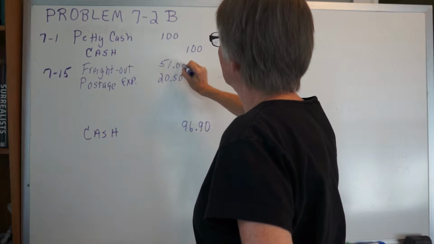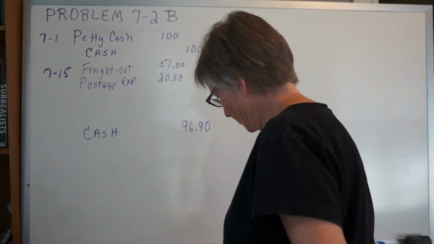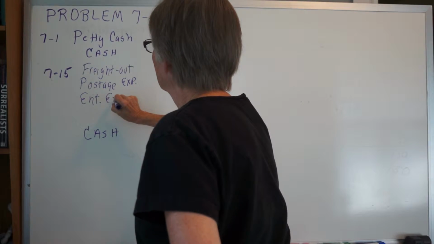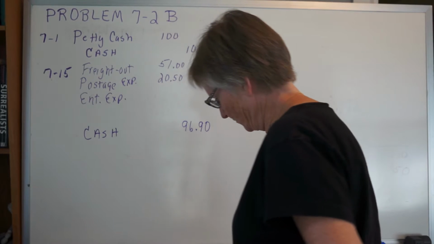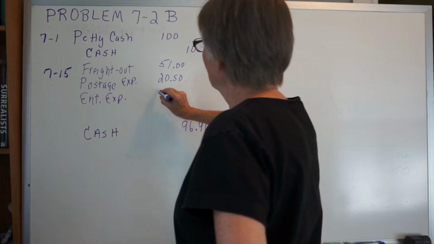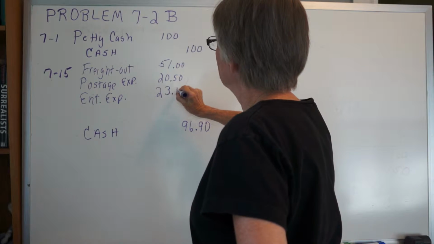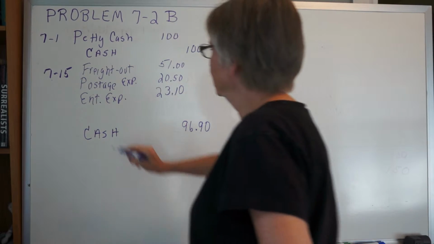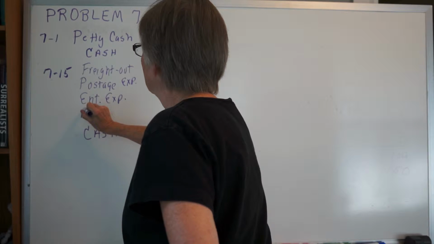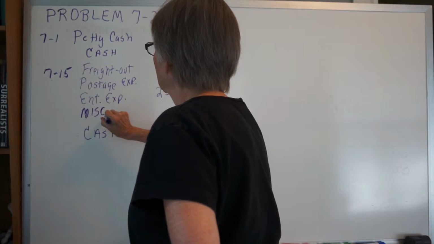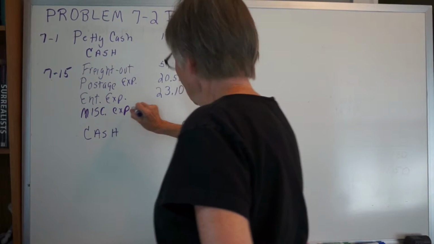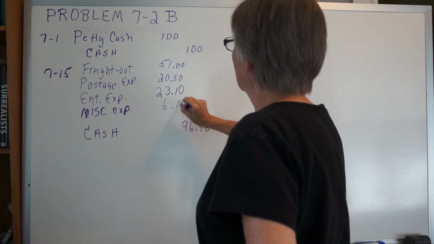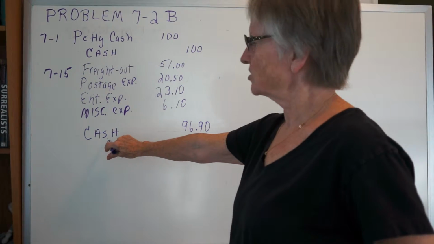We have some entertainment expense. I'm abbreviating here because these videos take a long time to load, and we don't have that much time. And then there's miscellaneous expense for $6.10.